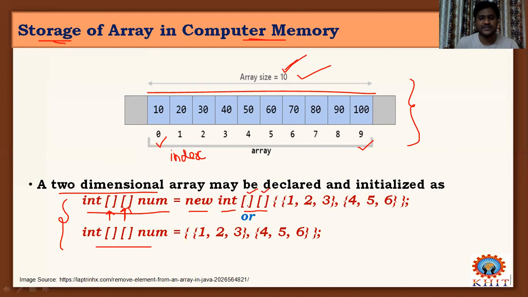Without specifying size here, we can directly assign some initialized elements, with curly braces and comma separated elements. 1, 2, 3 is a separate group and 4, 5, 6 is a separate set.